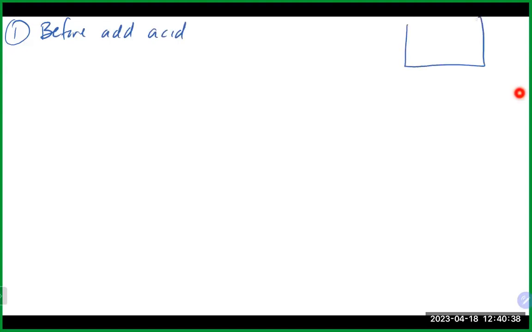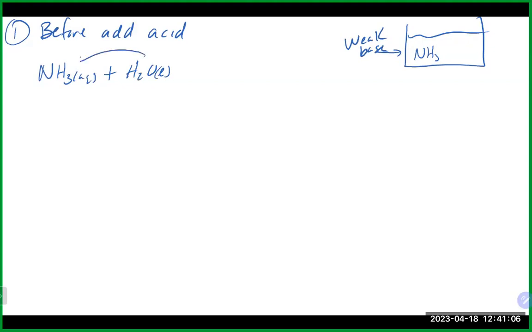In this case, what we have in the actual beaker or flask is NH3, which is a weak base. And in this case, if I wanted to figure out the pH of a weak base, I need to do a Kb type problem like we've done before. So this will require an ice table where, remember, since it is a base, you probably do want to include water here. And because it's a base, it's going to accept the H plus, and you will get NH4 plus.